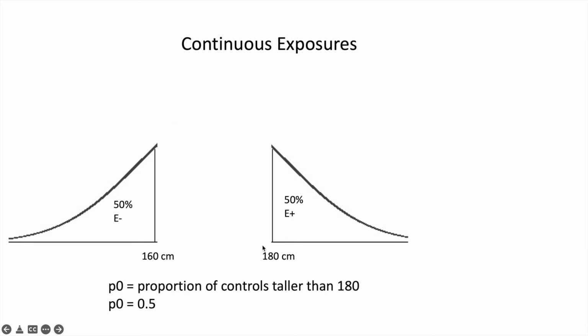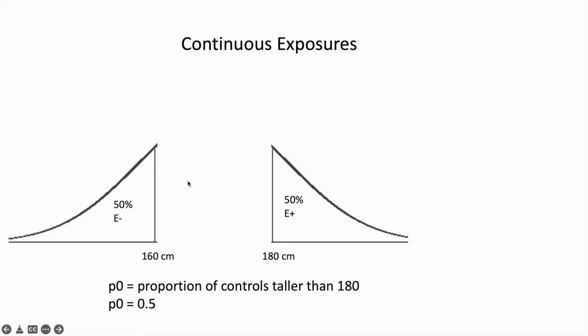But as soon as we eliminate this middle part, now this first quartile represents 50% of this population, because now our population just consists of this quartile and this one. So in that way, P0 still represents 50% of this population being exposure positive, being 180 centimeters or above, while exposure negative is less than 160.